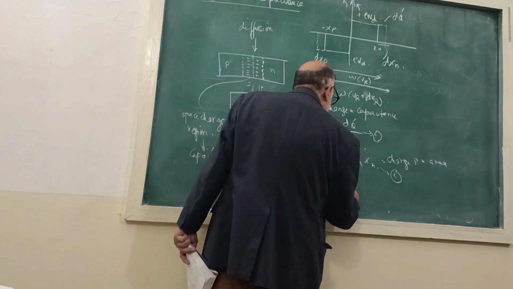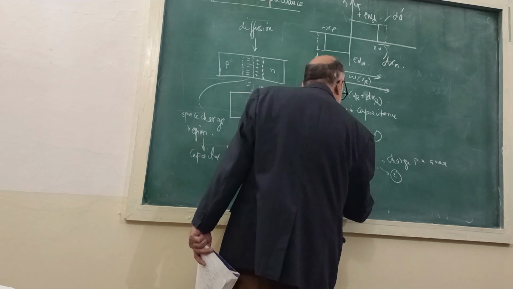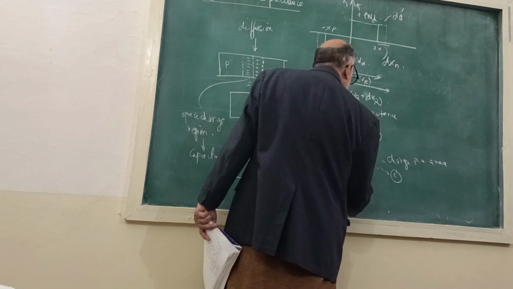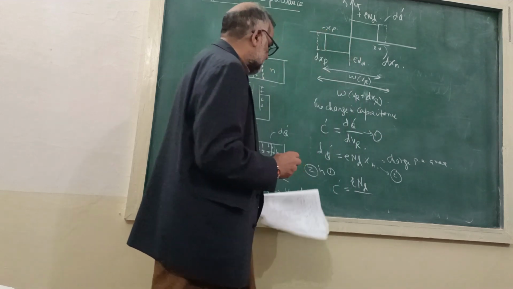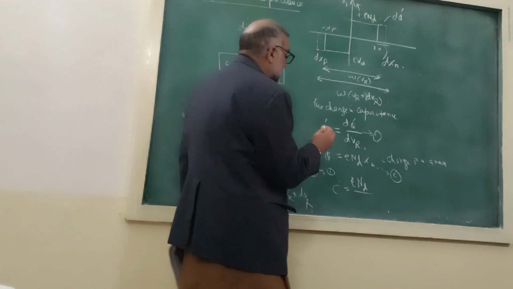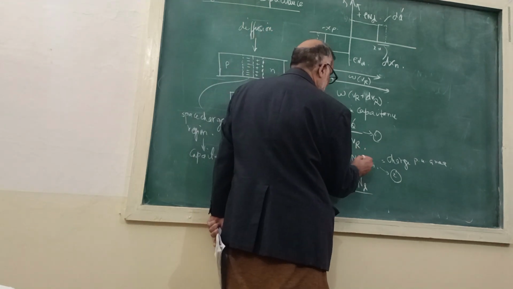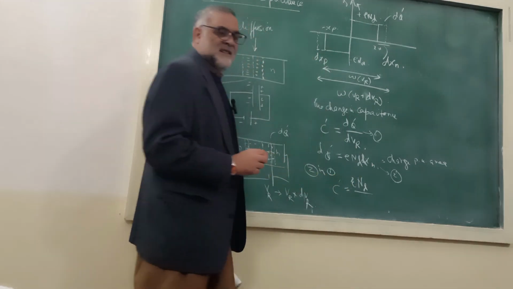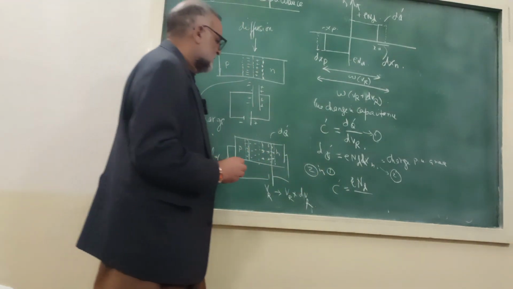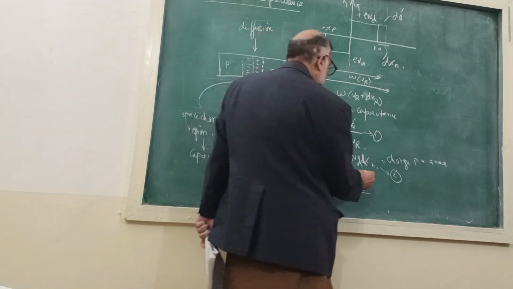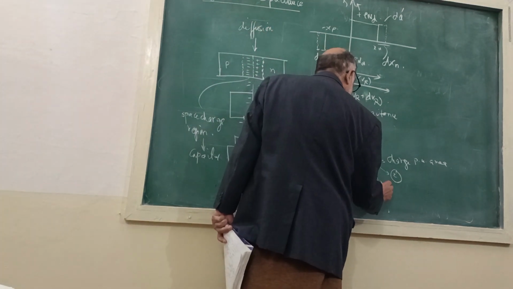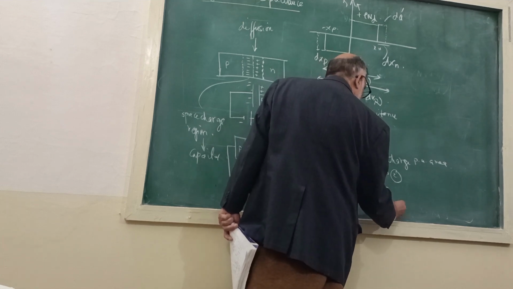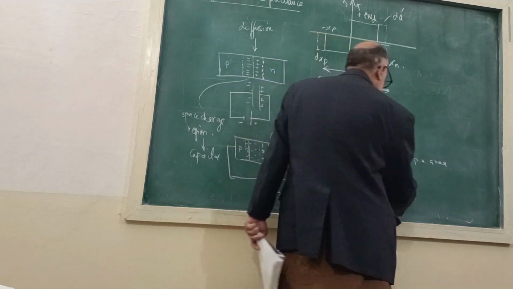So C' will be equal to q N_D, and I forgot one thing, that is dQ, so there will be dx_n. Here dQ is equal to dx_n, and I can write dx_n by dV.